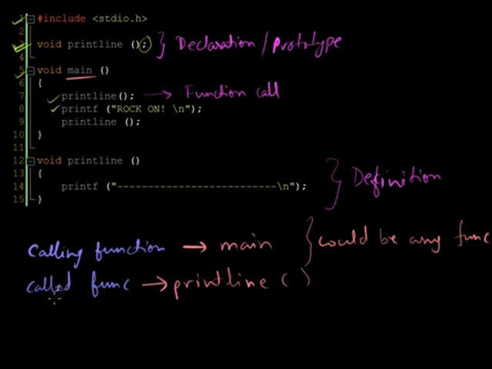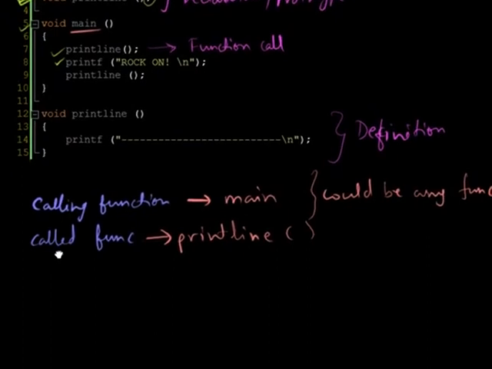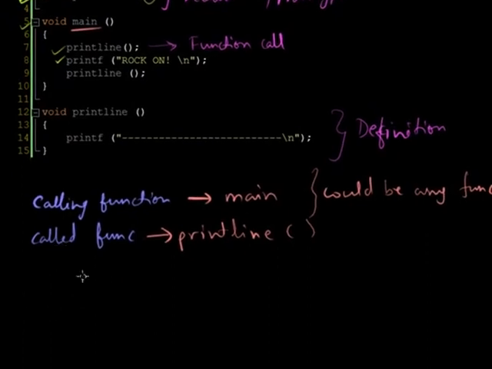And you know this, but let us still revise how the control goes, from where the control goes to where. So firstly the control is in main, then it goes to print line, main to print line, then it comes back to main. Whenever any function's execution is complete, your control comes back to main.